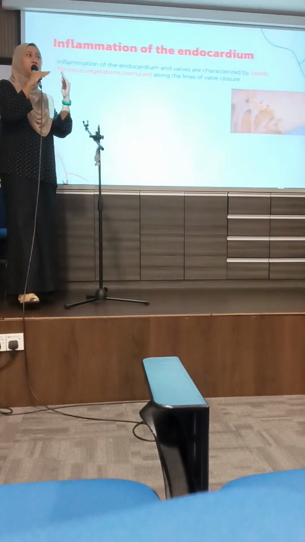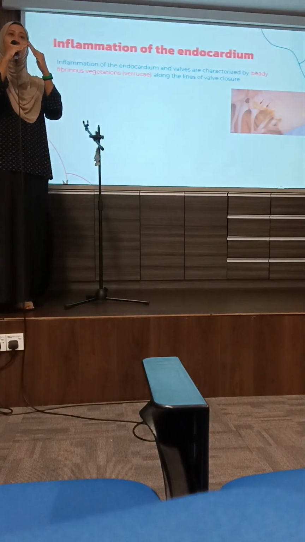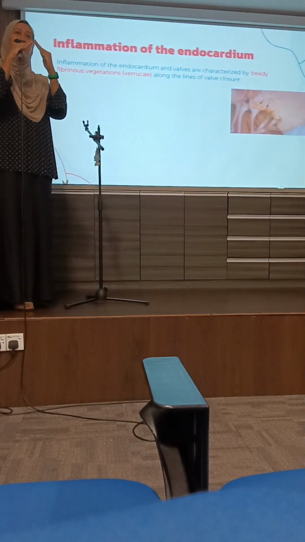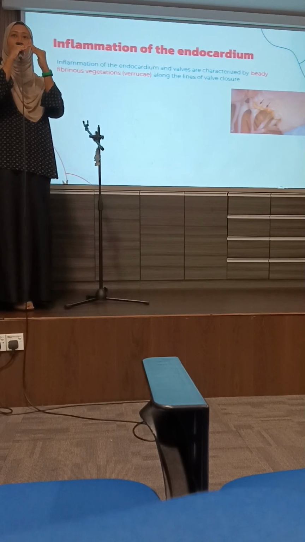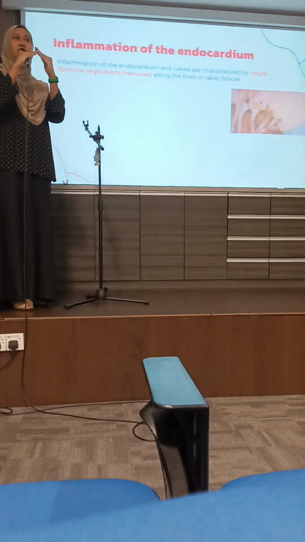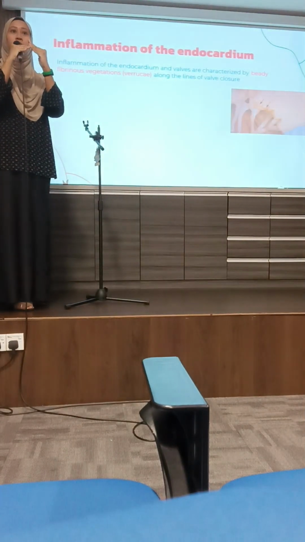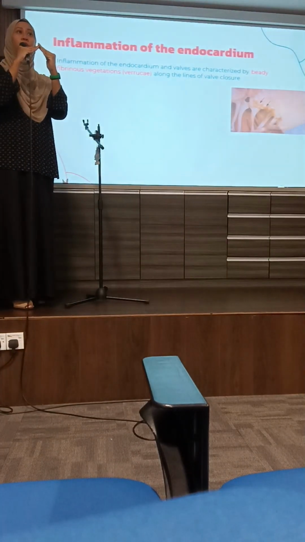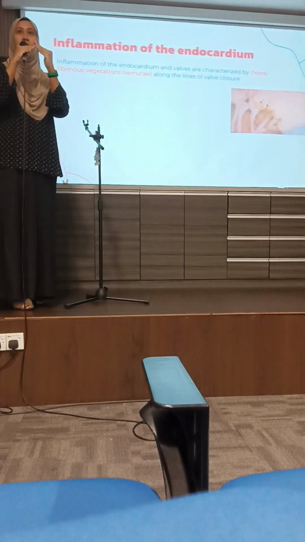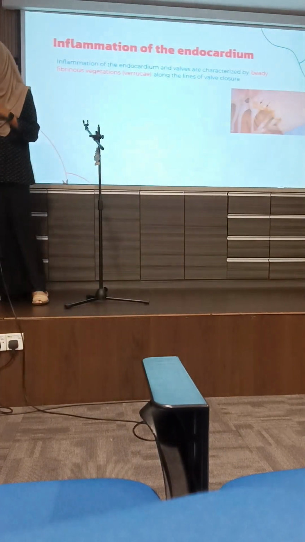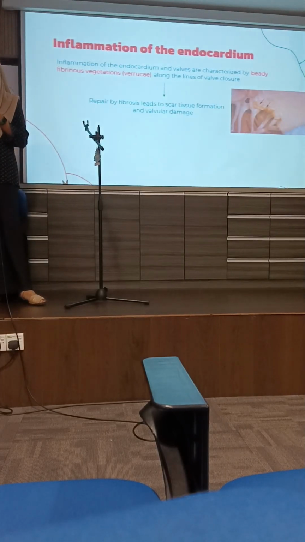The other thing that can happen is it can fibrose and it can fibrose close to each other. So what is that called? Stenosis. Narrowing of the outlet is called stenosis.